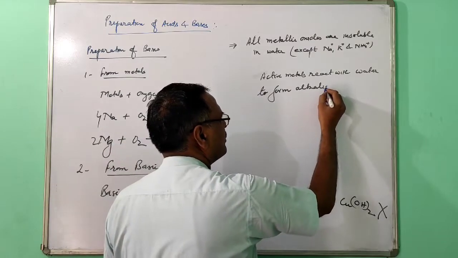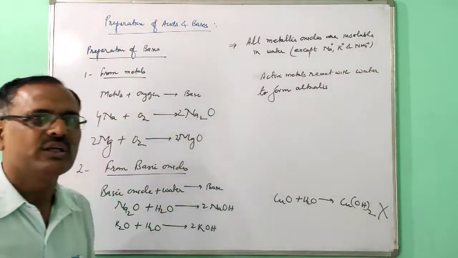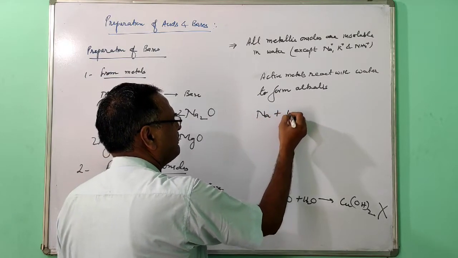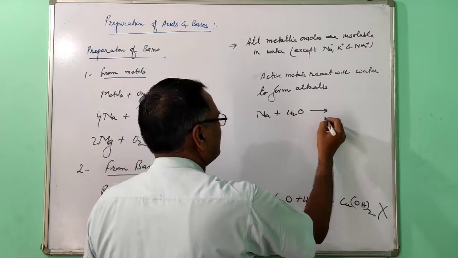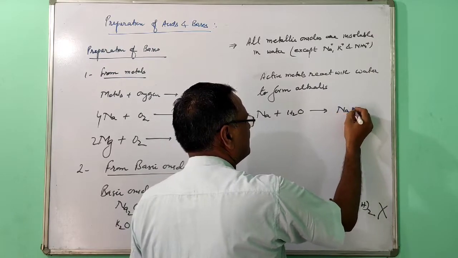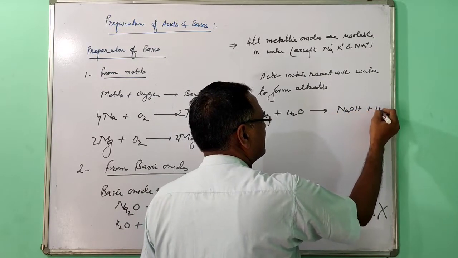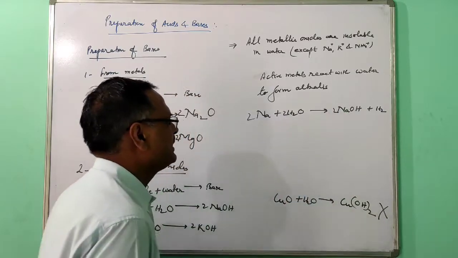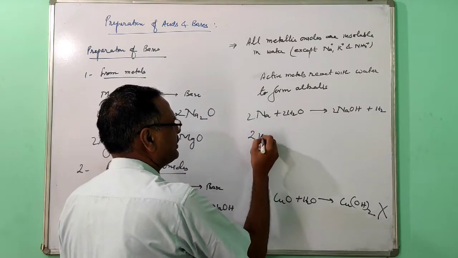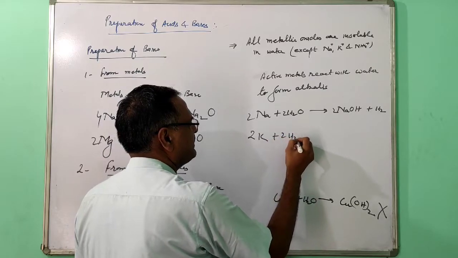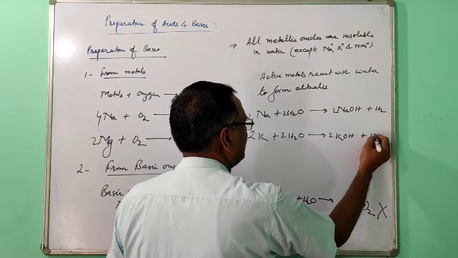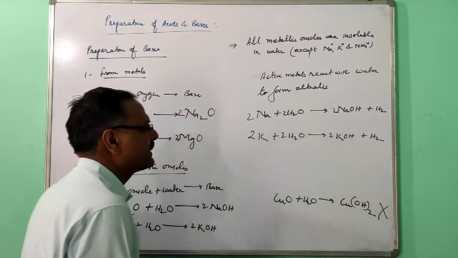Which active metals are there? Only two. Sodium reacts with water, forms sodium hydroxide and hydrogen. This one is an active metal. In the same way, potassium reacts with water, forms potassium hydroxide and hydrogen.